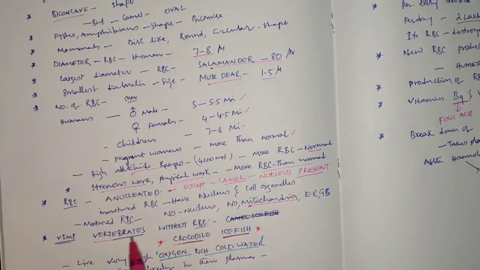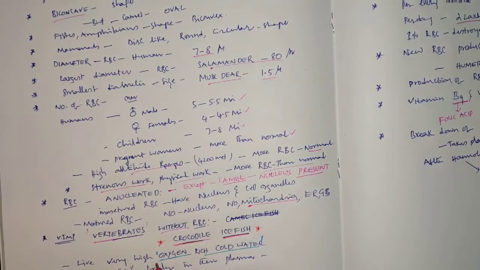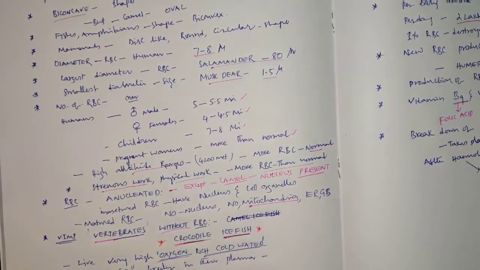Another important point: the vertebrate without RBC is the crocodile ice fish. It usually lives in oxygen-rich cold water, so hemoglobin gets dissolved in the plasma of its blood.